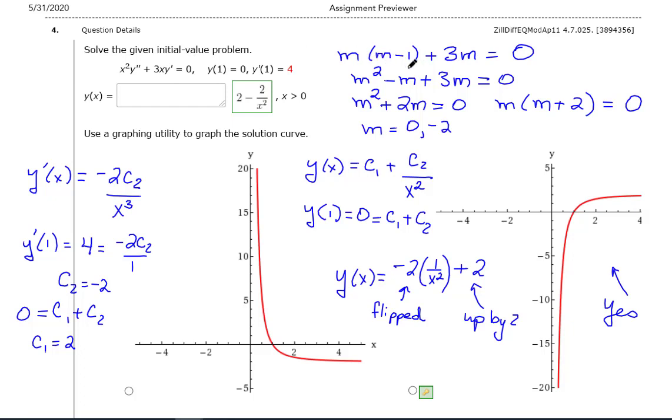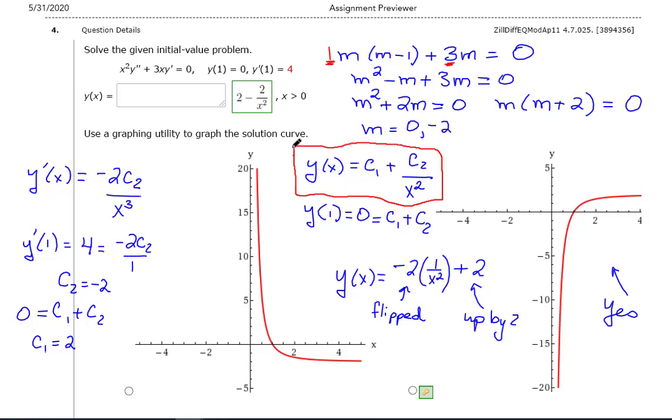So plugging all this in, where I've got a 1 and a 3, I get m squared plus 2m equals 0. Factor out the common m, and I get answers of 0 and minus 2. And so here is our solution.